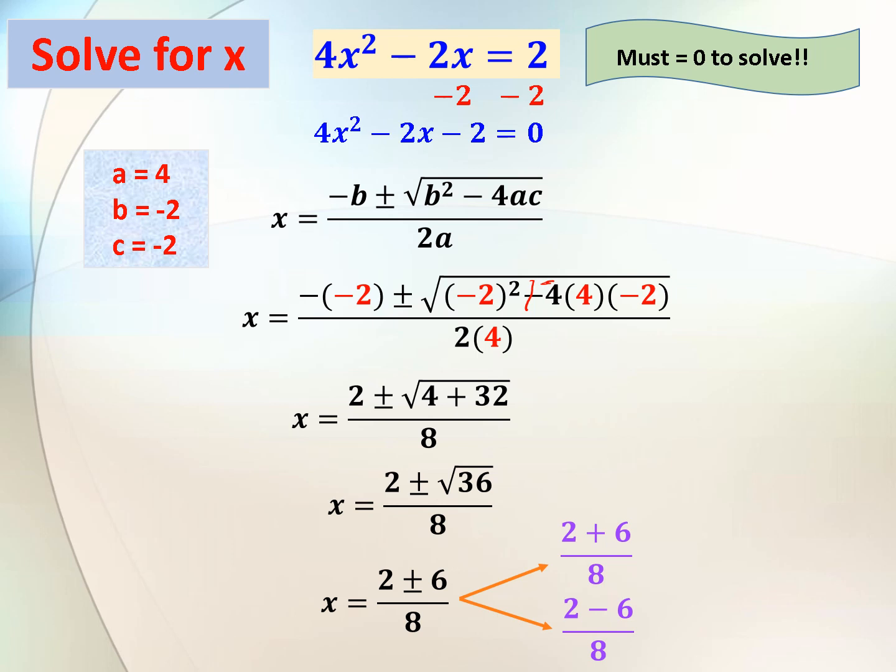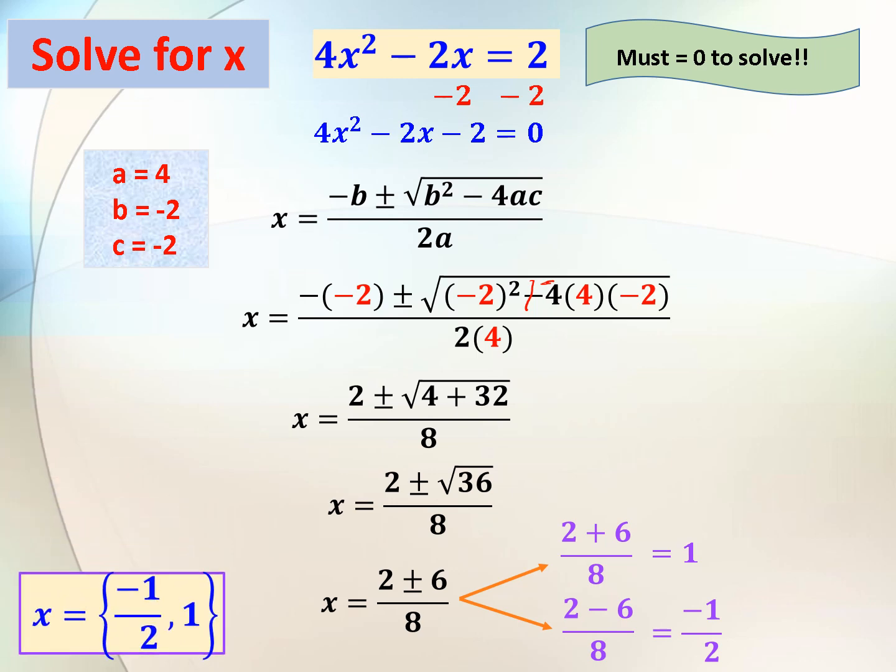So 2 plus 6 is 8. 8 over 8 is 1. 2 minus 6 is negative 4. Negative 4 over 8 is negative 1/2. So when I write my solutions, they are negative 1/2, comma 1.